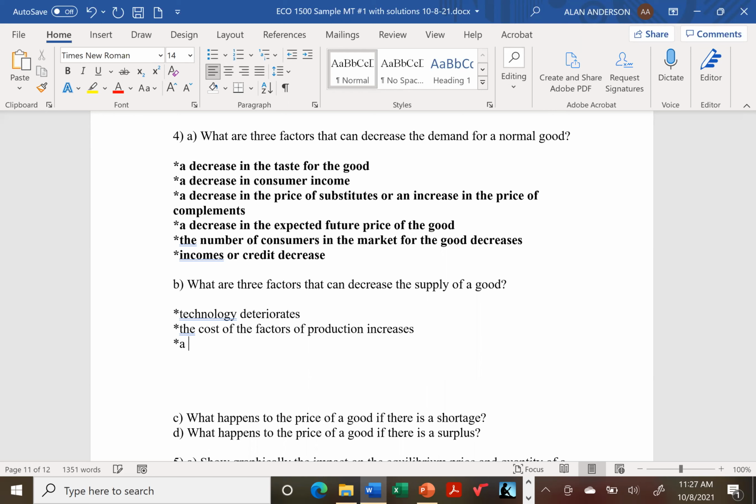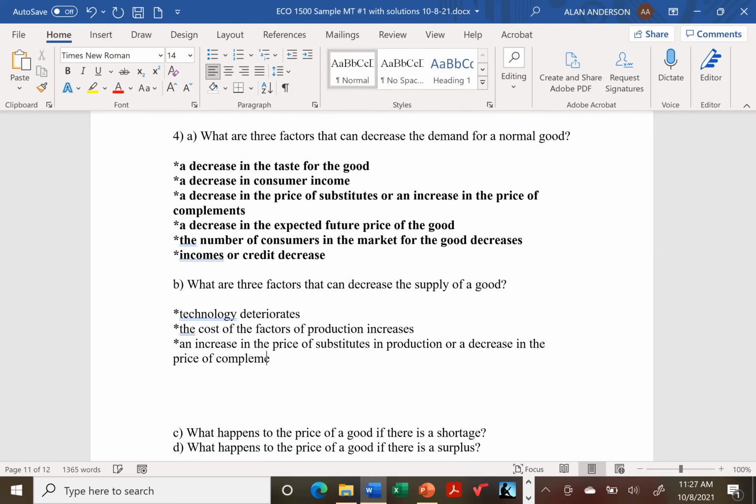There is an increase in the price of substitutes in production, or sorry, a decrease in the price of complements in production.